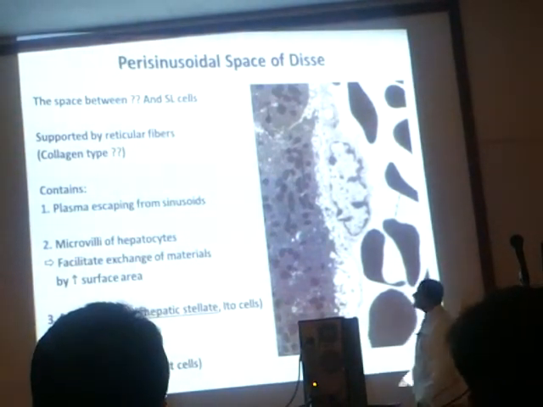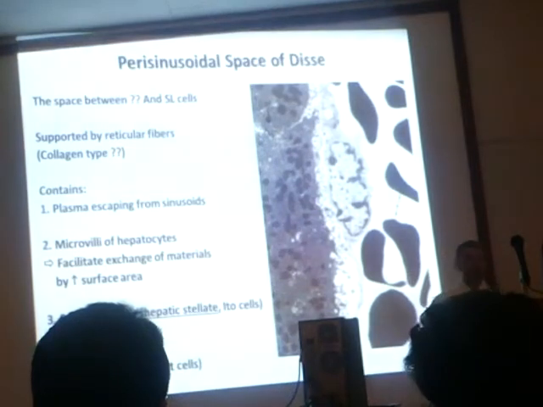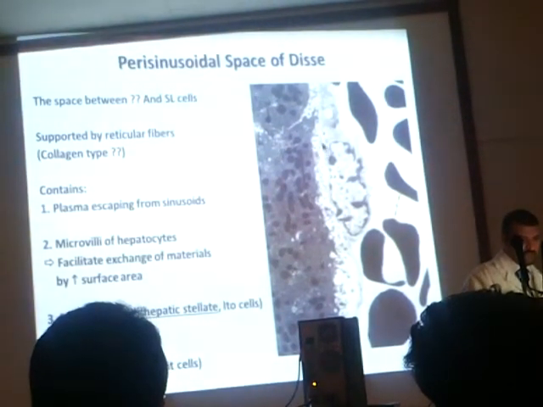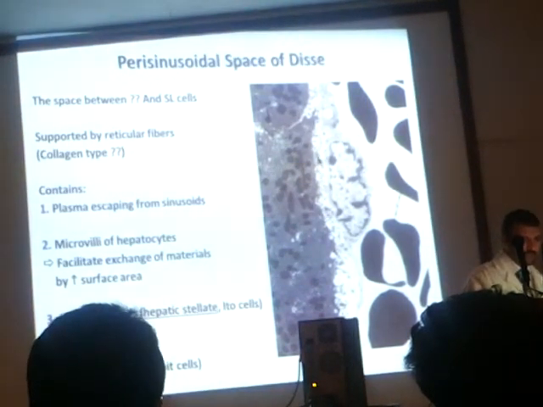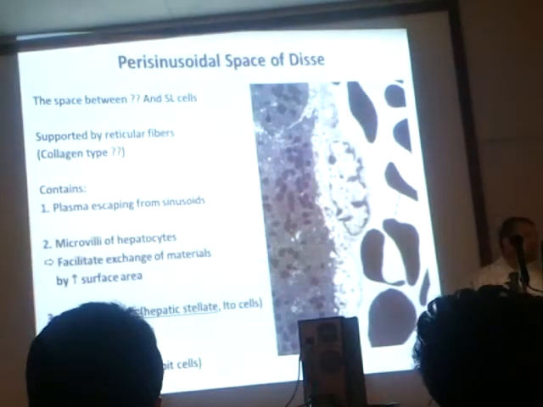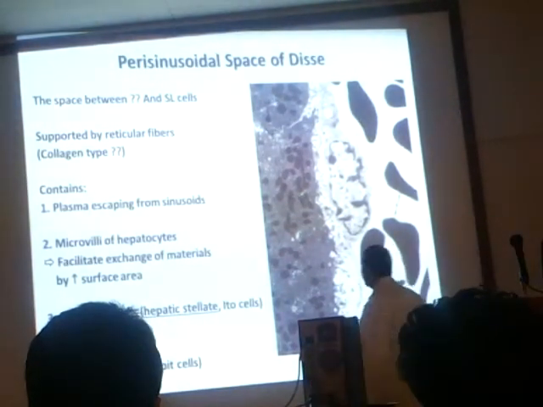There are some small cells. If you look at this one here, this is one of these cells, a very small cell. You see it? This is a cell here, and this is its nucleus. We cannot now determine what type of cell. It has to be one of two cells. Whether it's a fat-storing cell, there are specific cells to store fat there.